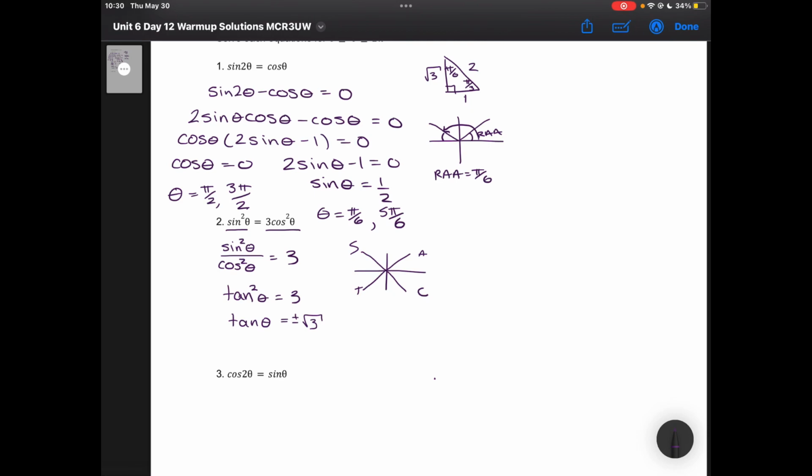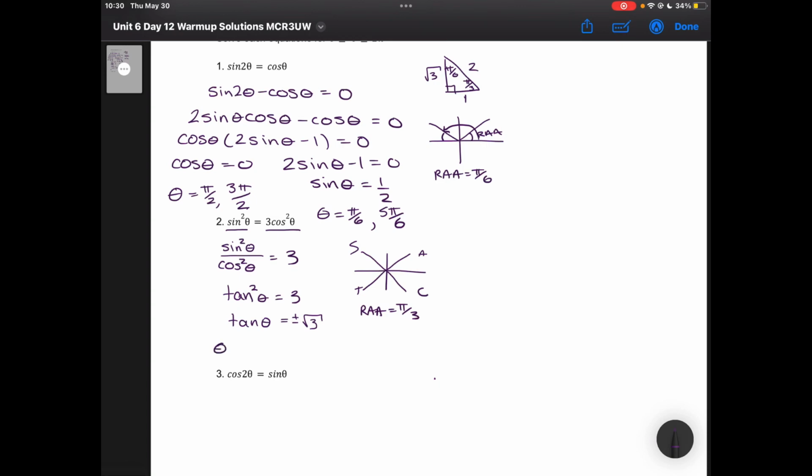So I really just need that related acute angle. Related acute angle for root 3, that's when it's the opposite over the adjacent. So my related acute angle has to be pi over 3.